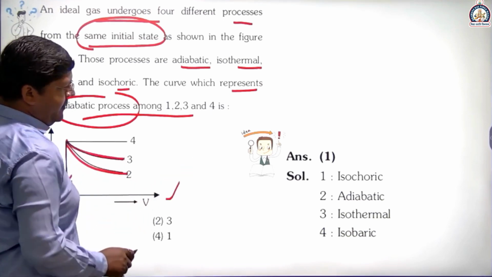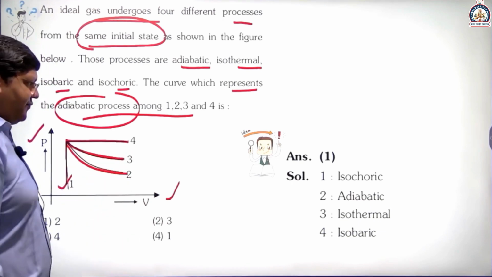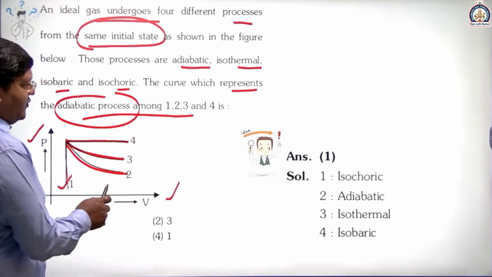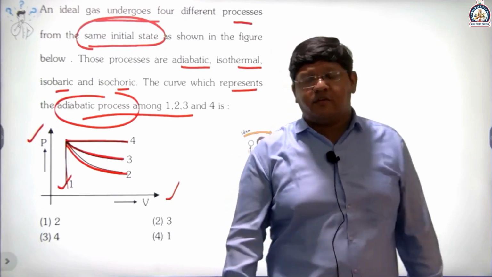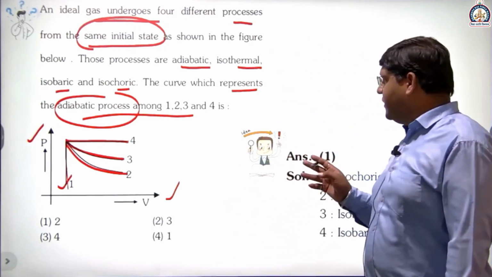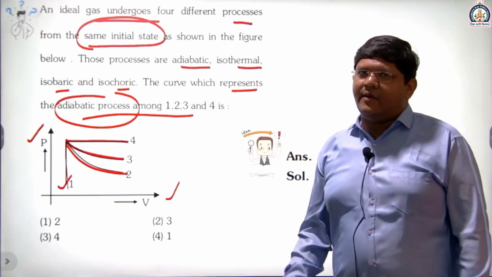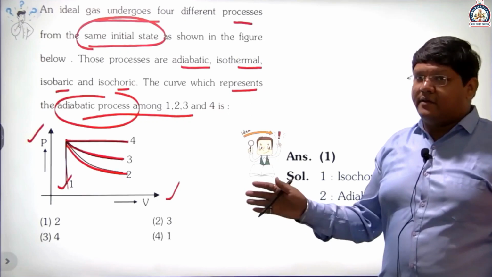Isothermal means same temperature and isobaric means same pressure. So the fourth is isobaric, third is isothermal, first is isochoric and second is adiabatic. Adiabatic simply means there should be no exchange of heat, and isochoric represents the same volume. Okay, this is the required solution. By just observation of the conditions we can predict the answer.